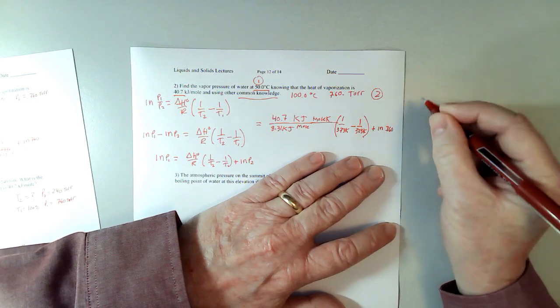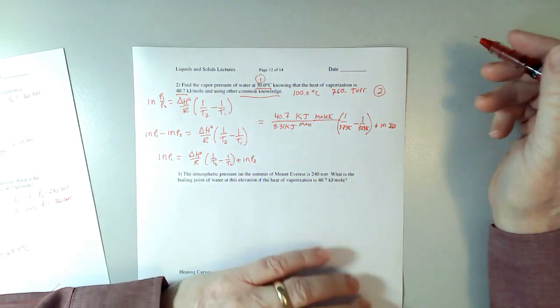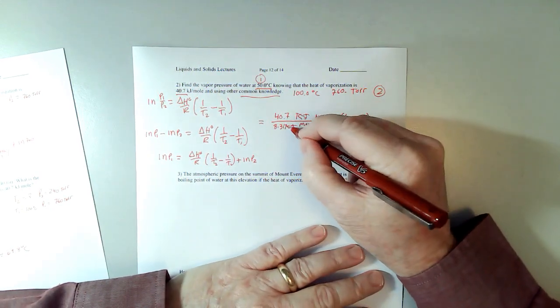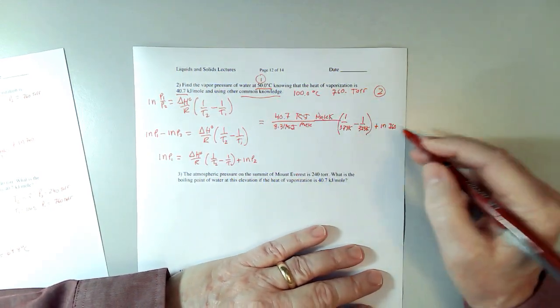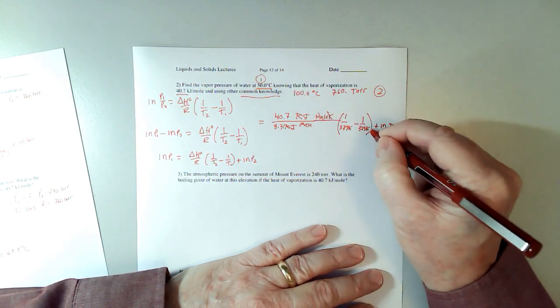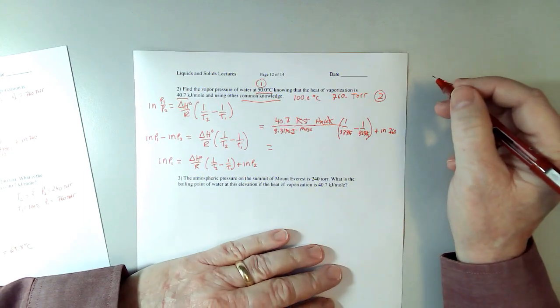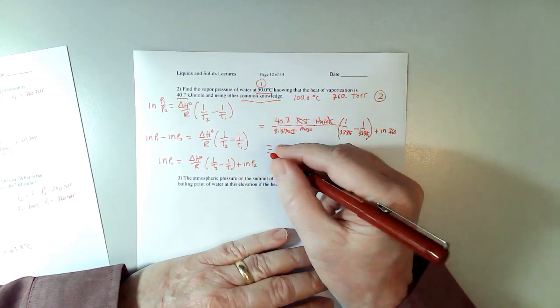And I don't need to put the unit because taking the logarithm of a unit, it doesn't make any sense. So the kilojoules cancel, the moles cancel, and this Kelvin will be canceled by those Kelvins. So I'm now into something with no units, which is actually appropriate at this point, okay?